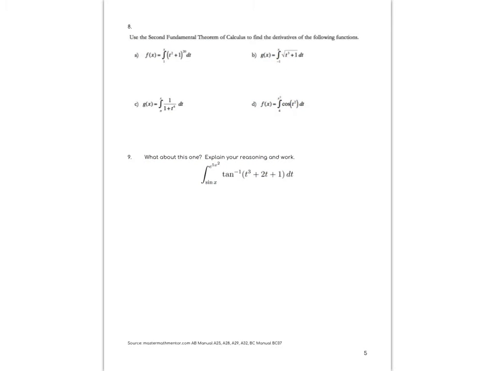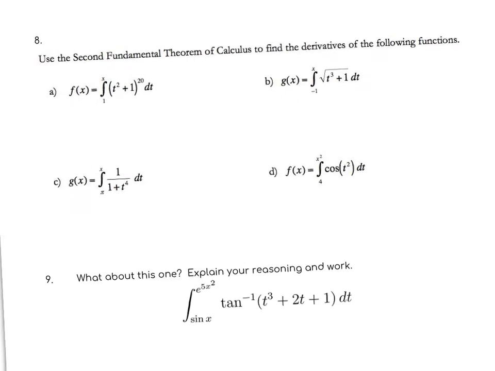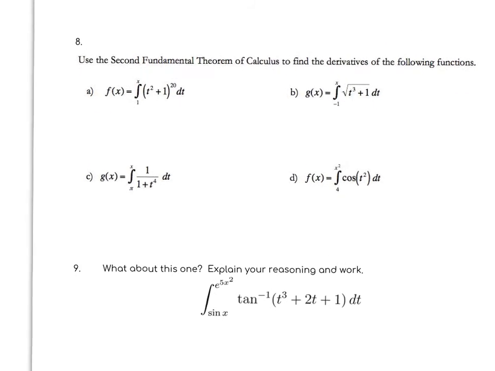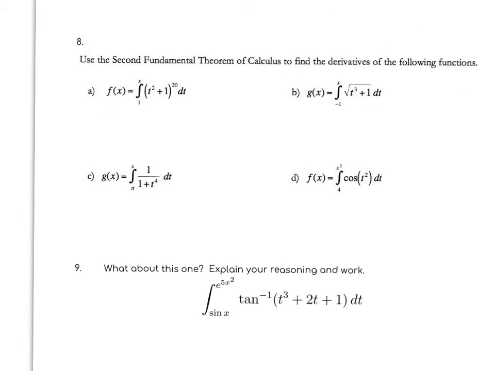And the last page. This is going to be using FTC, the fundamental theorem of calculus, to take the derivatives of the following functions. The big thing we have to remember here is the chain rule whenever we see something like this. So we're doing the derivative of this guy, which is going to be x squared plus 1 to the 20 times the derivative of x, which is just 1.